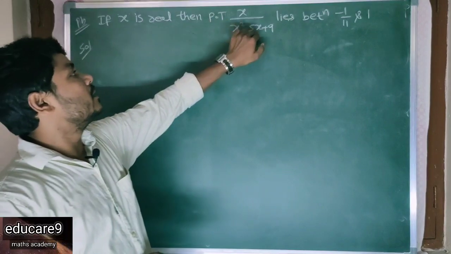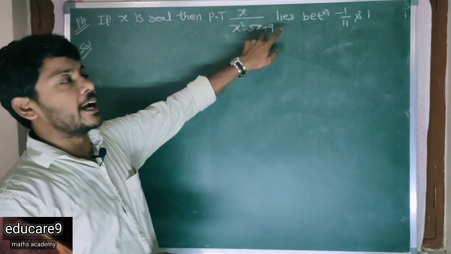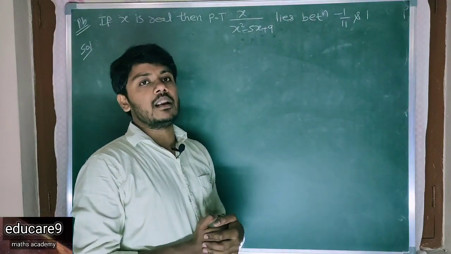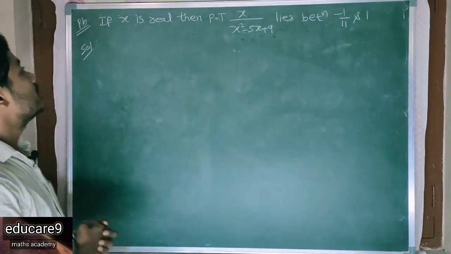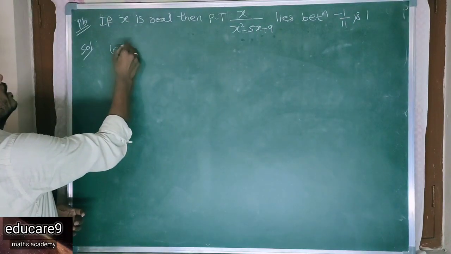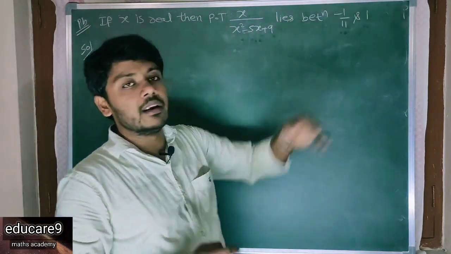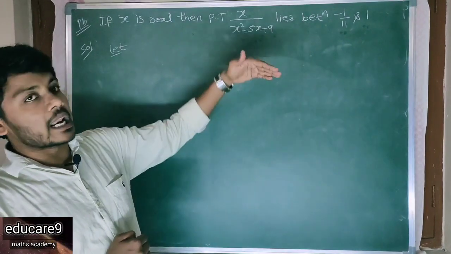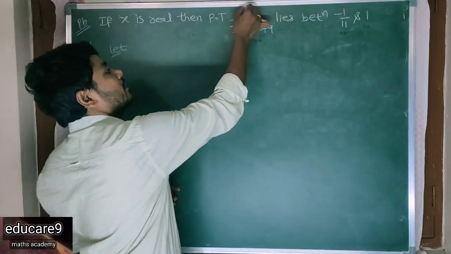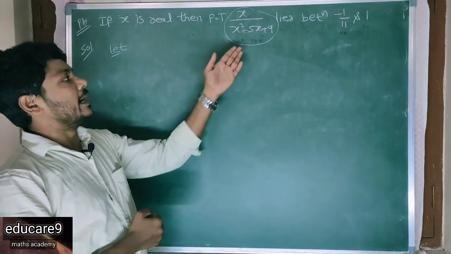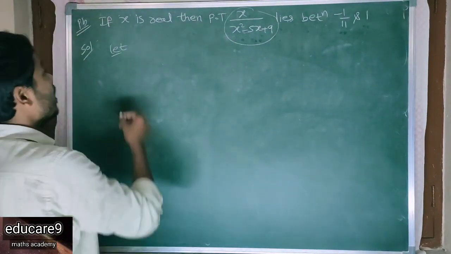So next problem: if x is a real number, then prove that x by x square minus 5x plus 9 lies between minus 1 by 11 and 1. So these values lie between minus 1 by 11 and 1, and that is the range of this function. For finding the range, let the given function equal y.